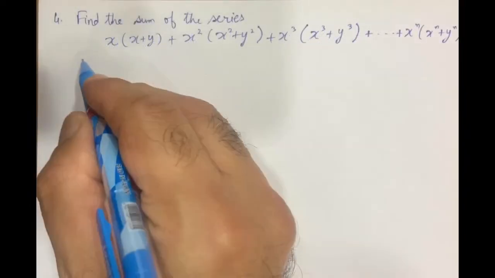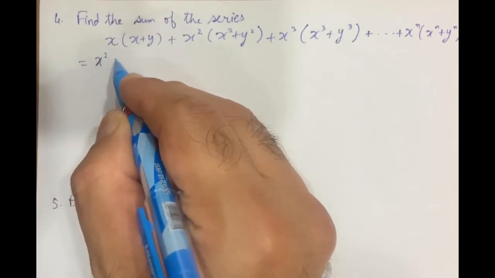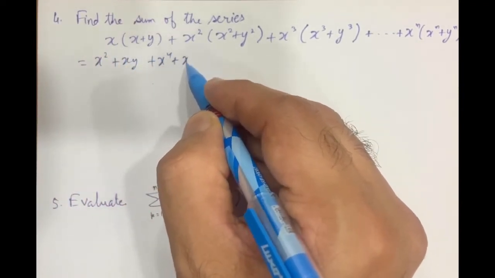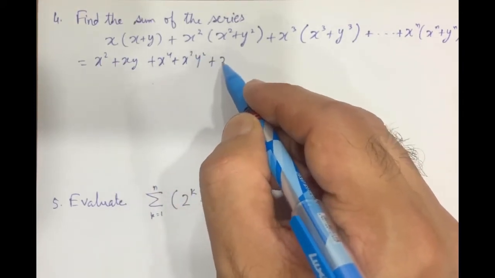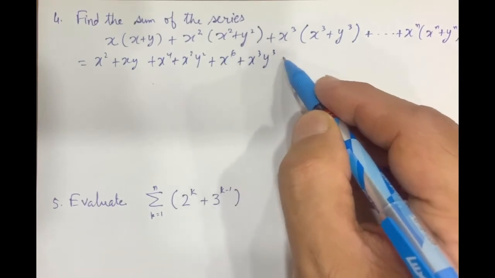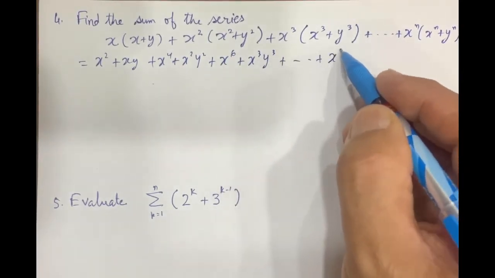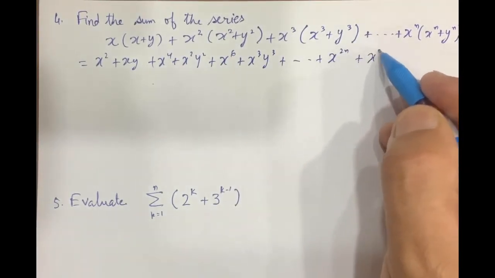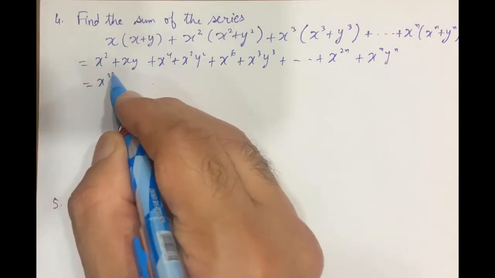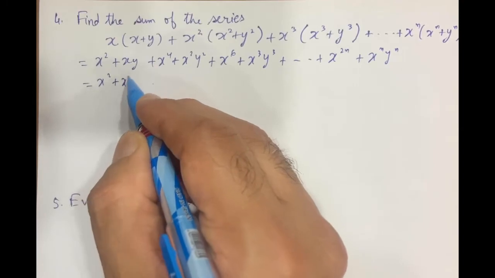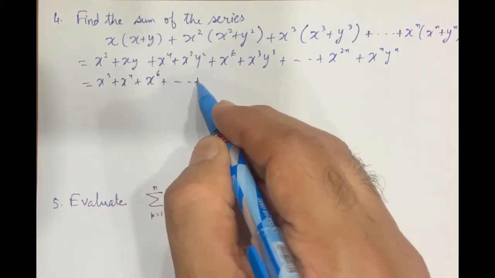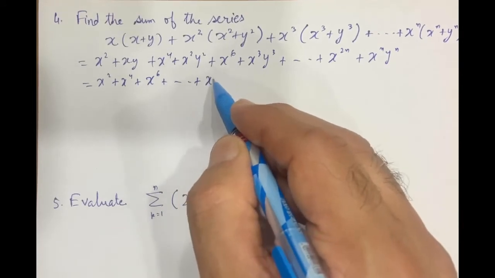Next question. This can be written as x square plus xy plus x raised to 4 plus x square y square plus x raised to 6 plus x cube y cube and so on, x raised to 2n plus x raised to n into y raised to n. This is x square, then x raised to 4, next will be x raised to 6 and so on, then x raised to 2n.